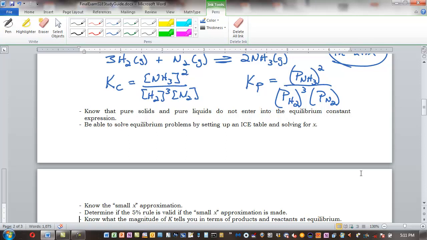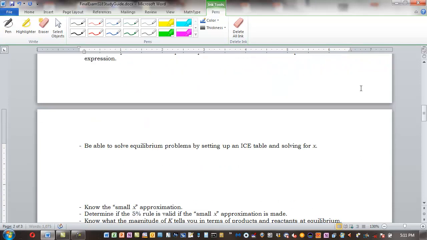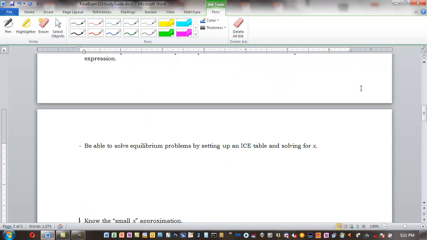All right. A big part of this chapter was learning how to solve for x in an ice table. And you got a lot of practice over the course of this chapter, the acid-base chapter, even the buffer chapter, solubility, things like that. Do we want to work a problem? Yes. Okay. Let me find one.